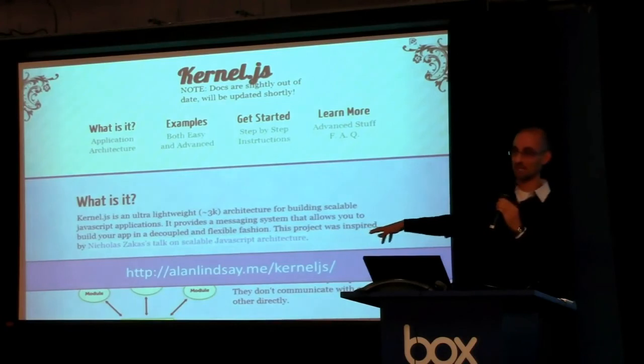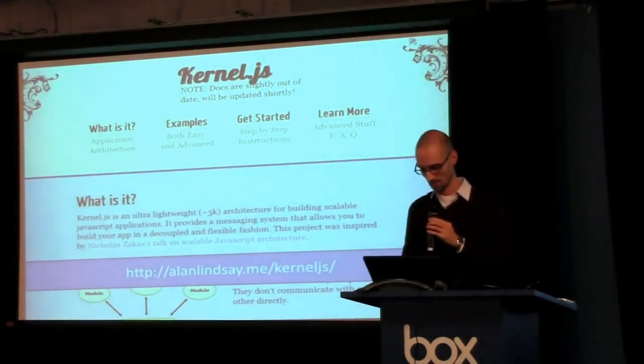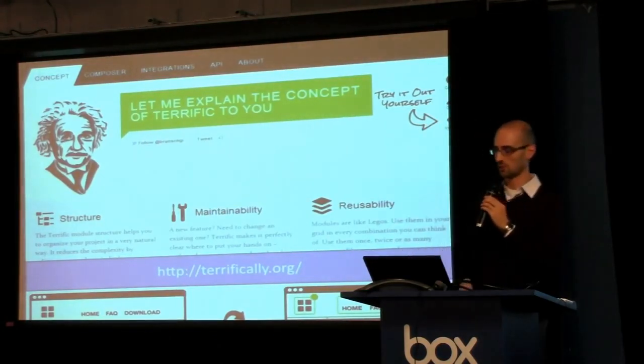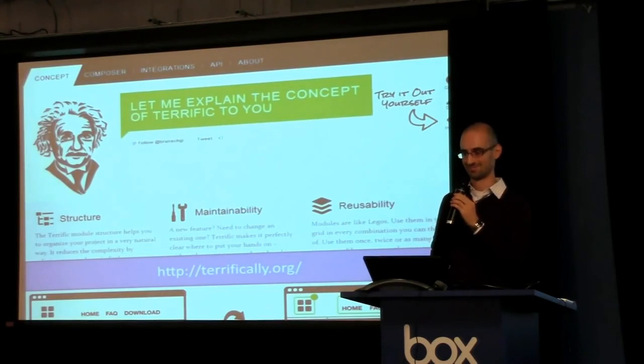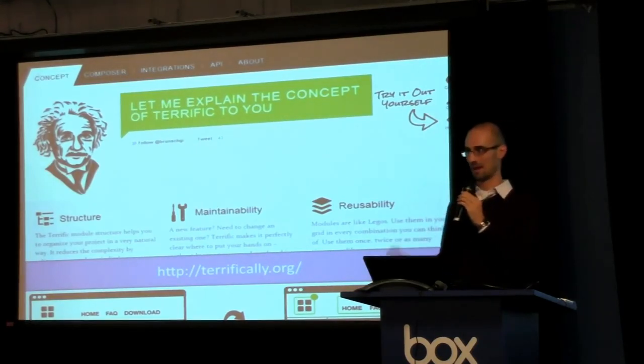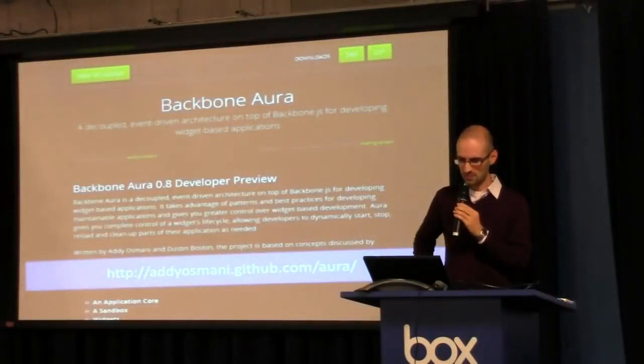Because if you're doing anything more than that, then you have too much in your core JavaScript. There's this larger application framework called Terrific, which is a combination of a JavaScript architecture, a CSS architecture, and a backend architecture. So it's kind of like the kitchen sink of everything combined, which is a little interesting.